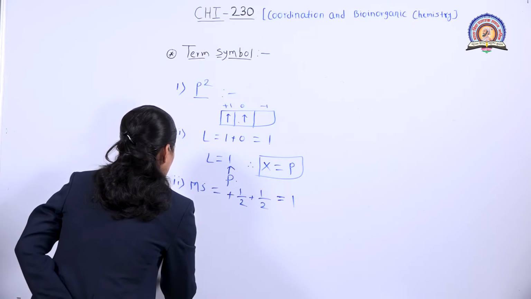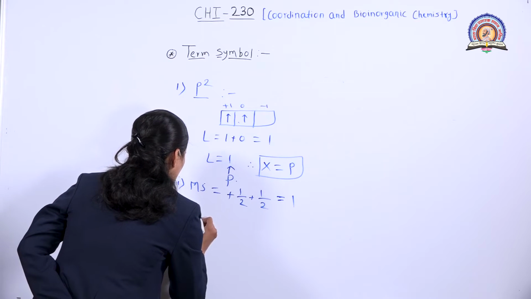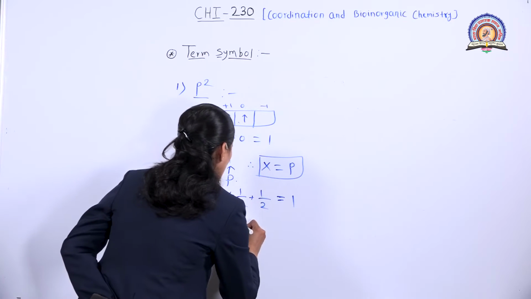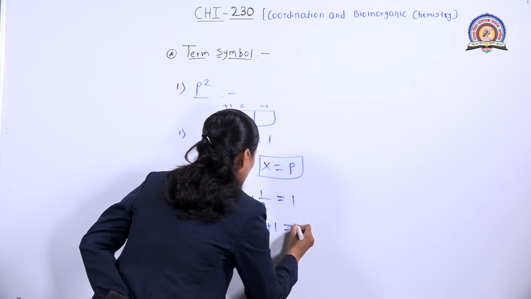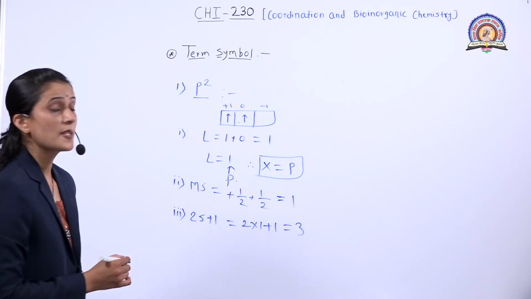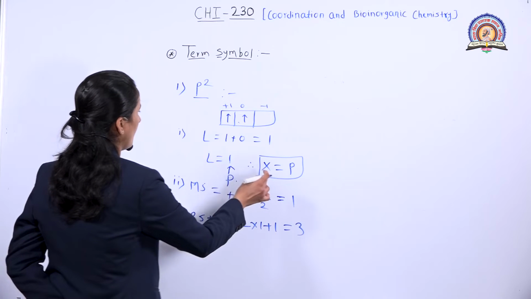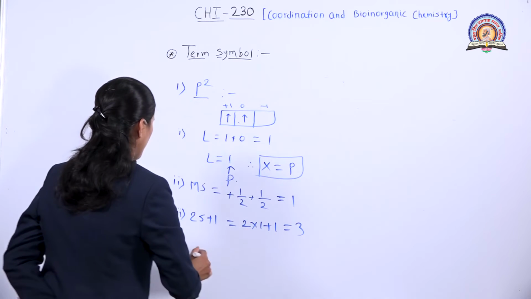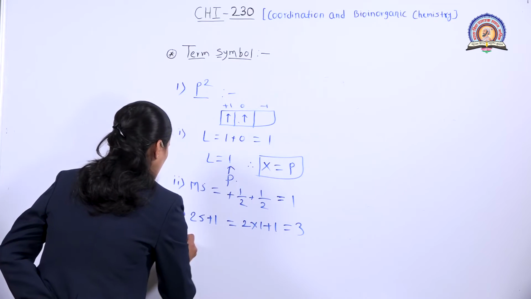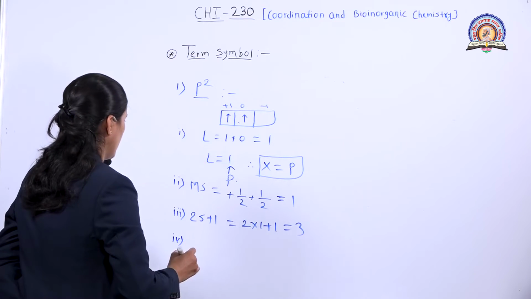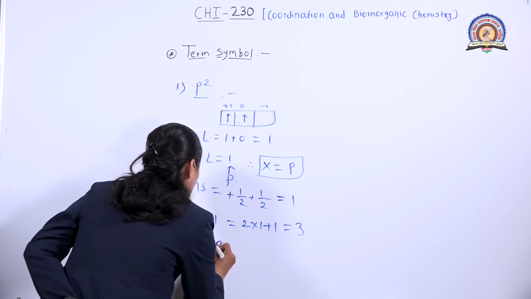Hence, to calculate 2S plus 1, we require this S. So 2 into 1 plus 1 is equal to 3. So the spin multiplicity for P2 configuration is 3 and we have the term P. That's why I write here 3P.